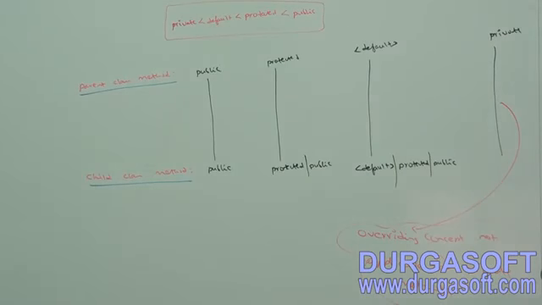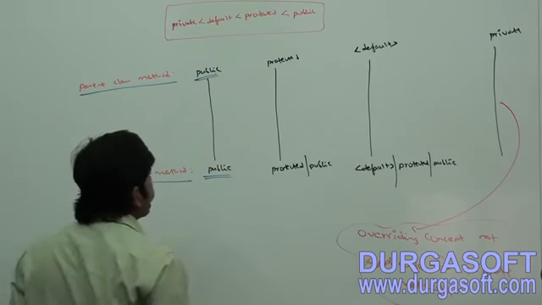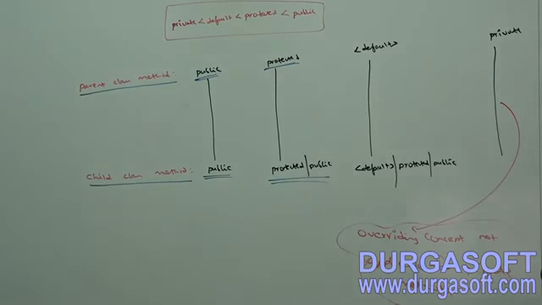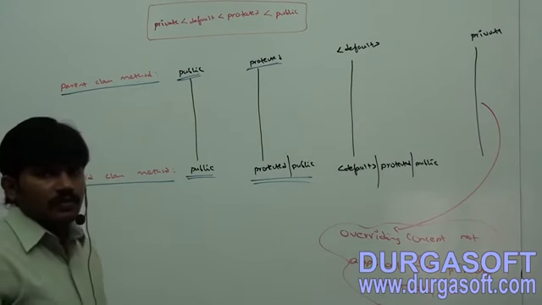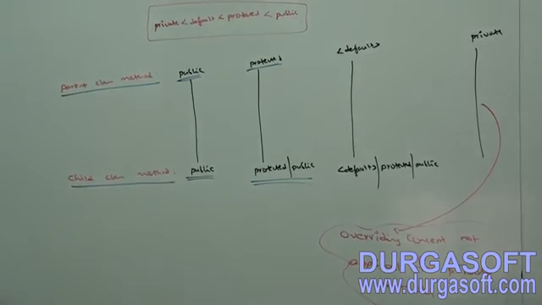If the parent class method is public, only public is allowed. If it is protected, then these are allowed. Completed, right? Okay, that's all.